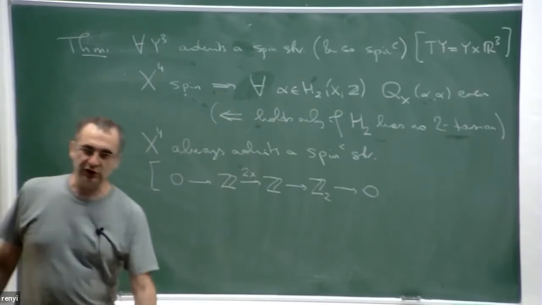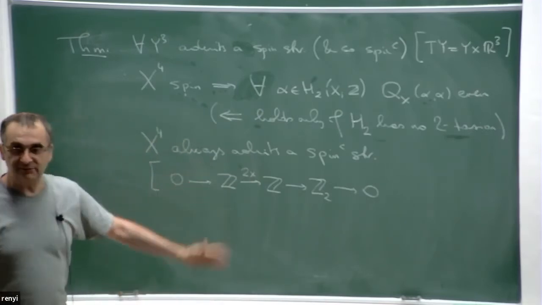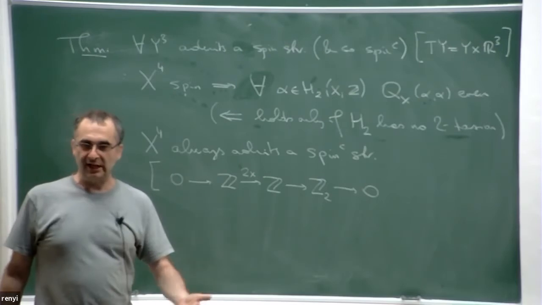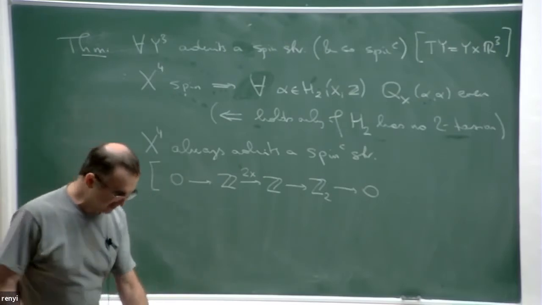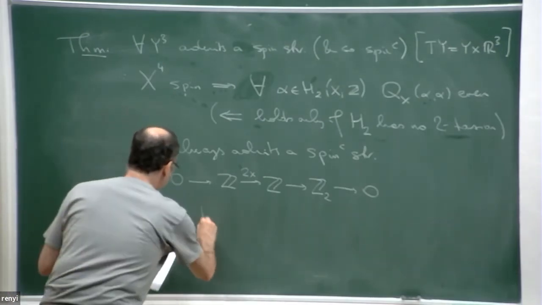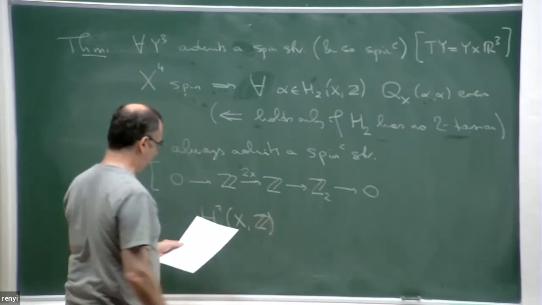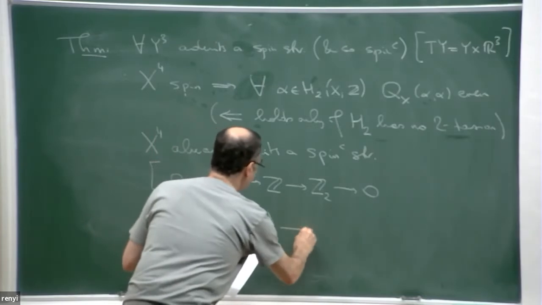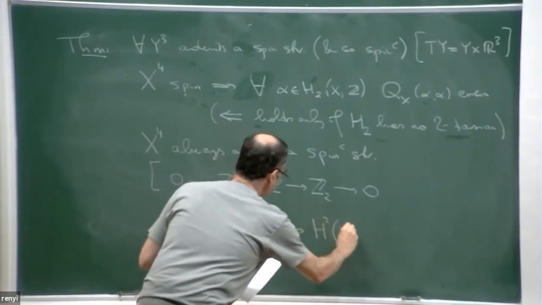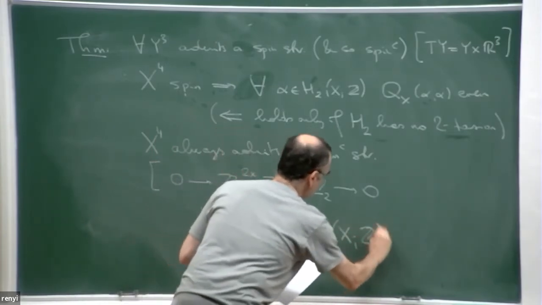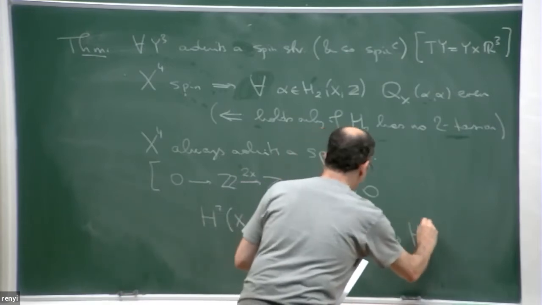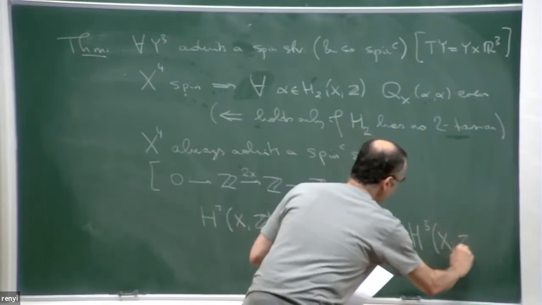The coefficient groups have this short exact sequence, which induces a long exact sequence for cohomologies. And here is a portion of that. So we have the second cohomology of X with Z, and then with Z2 coefficients, then with Z again, but now the third cohomology.